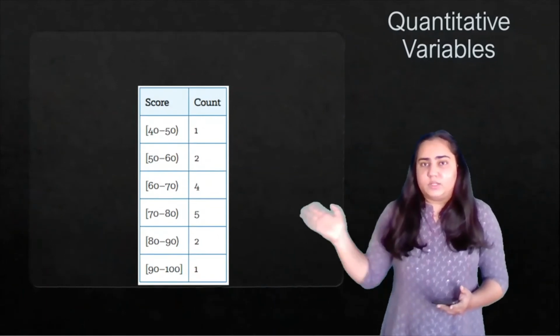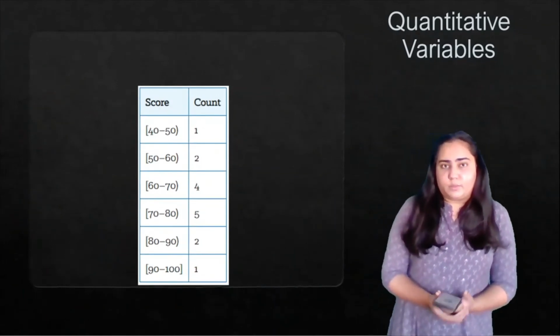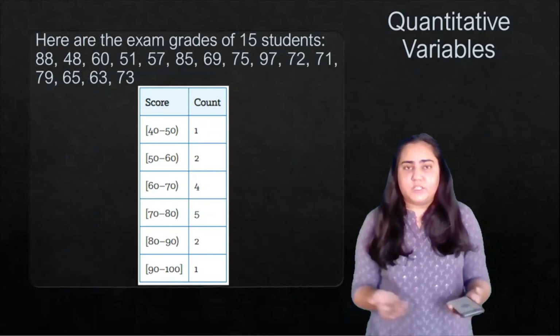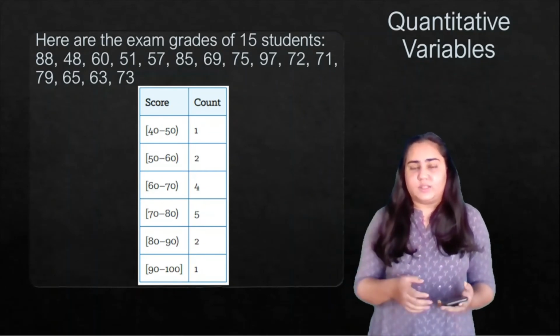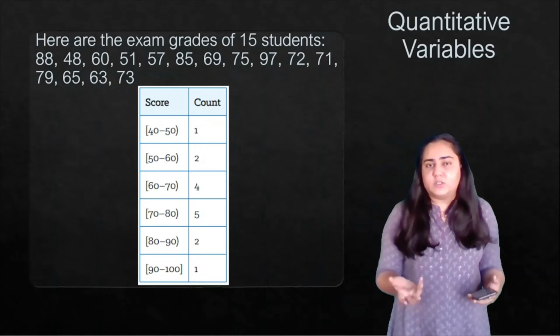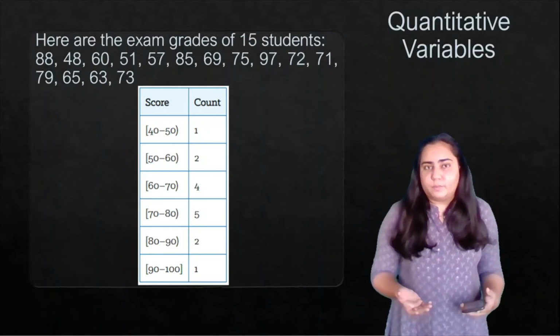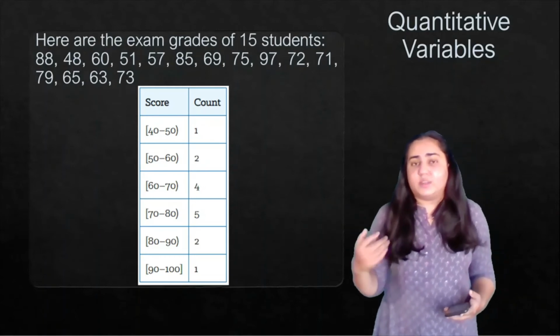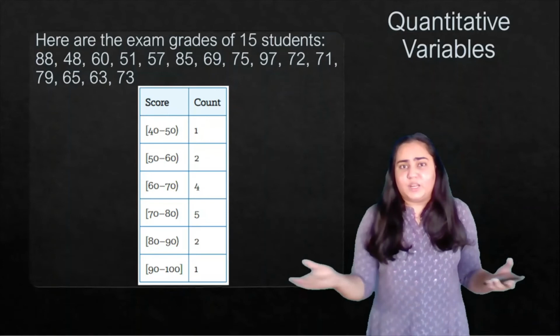So these are quantitative variables. What you have here is exam grades of 15 students, and these are the grades they are given. They are not grades, they are just maybe marks or percentages of 15 students. Now you cannot say that this exam grade is categorical because there are so many numbers.